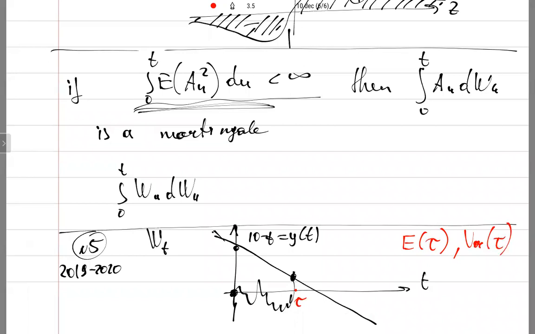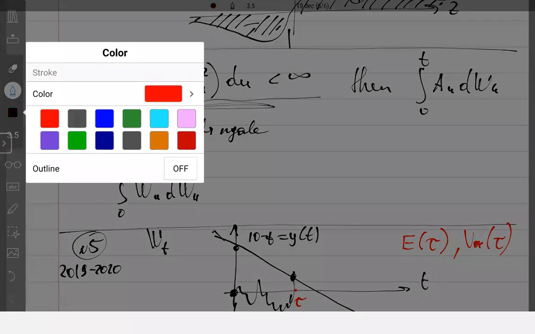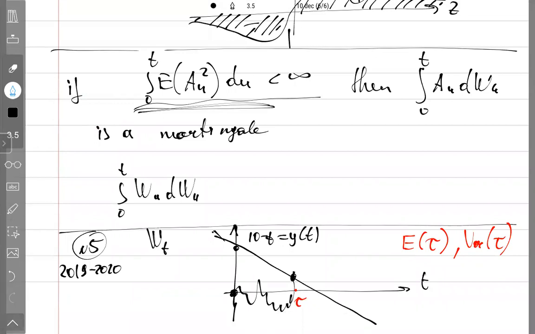Okay. This is a rather hard exercise because boundary crossing problems are rather hard. Why are they useful? They're useful because there are types of options like knockout options. They're not European type.